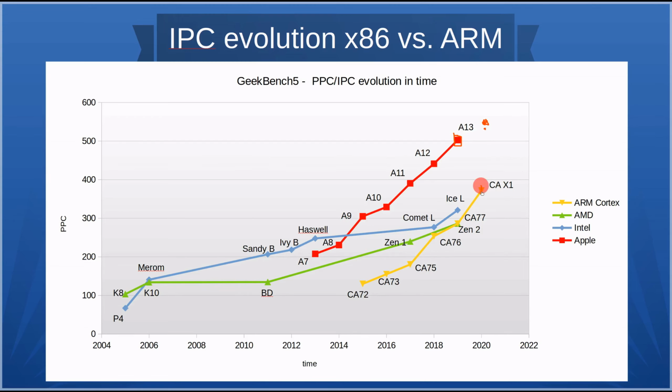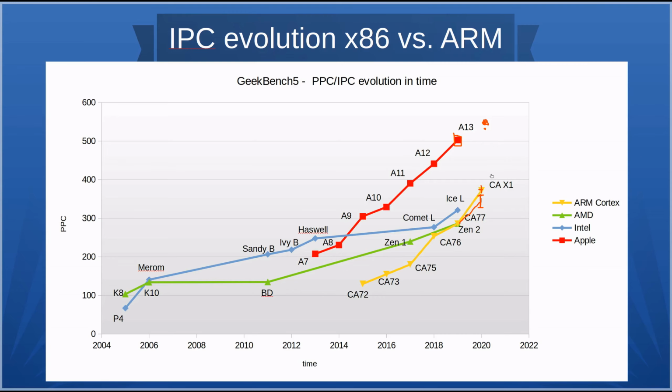But this Cortex is really a beast, and AMD Zen 3 will be really good. It will be somewhere here, depending on integer or floating point code. But yeah, these ARM Cortexes will next year be powering the Snapdragons and the Android phones.